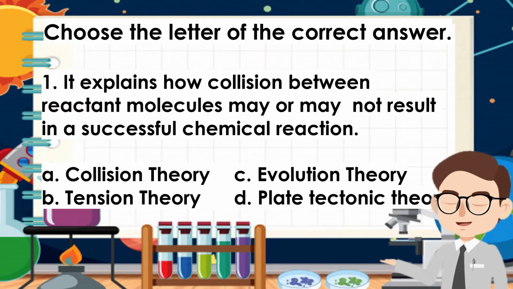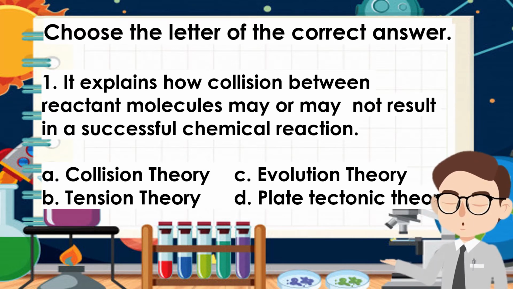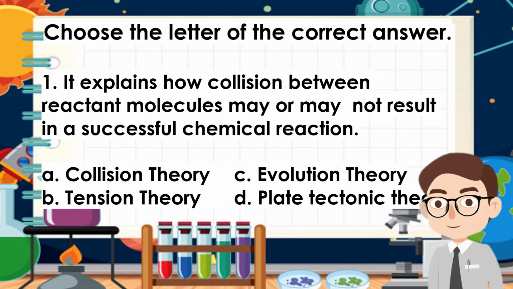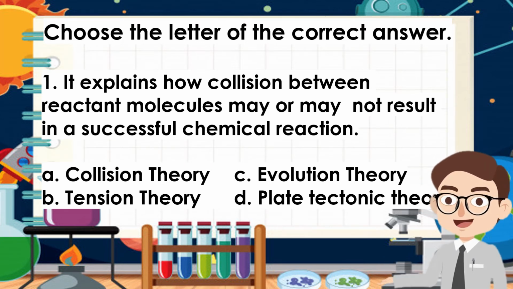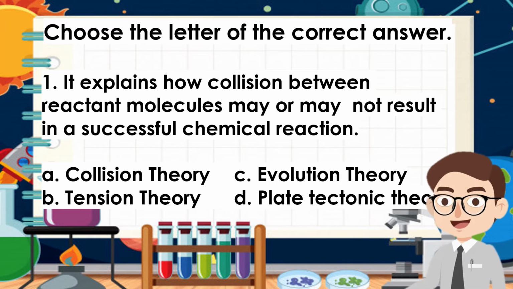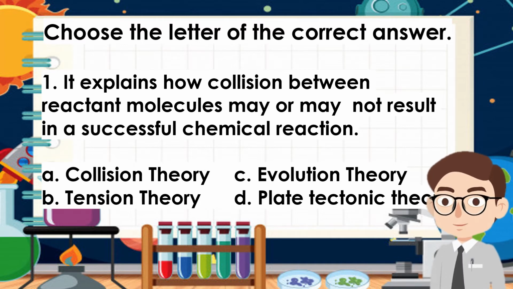For our assessment, choose the letter of the correct answer. Write the answer in your notebook. Number 1. It explains how collision between reactant molecules may or may not result in a successful chemical reaction. Letter A, collision theory. Letter B, tension theory. Letter C, evolution theory.